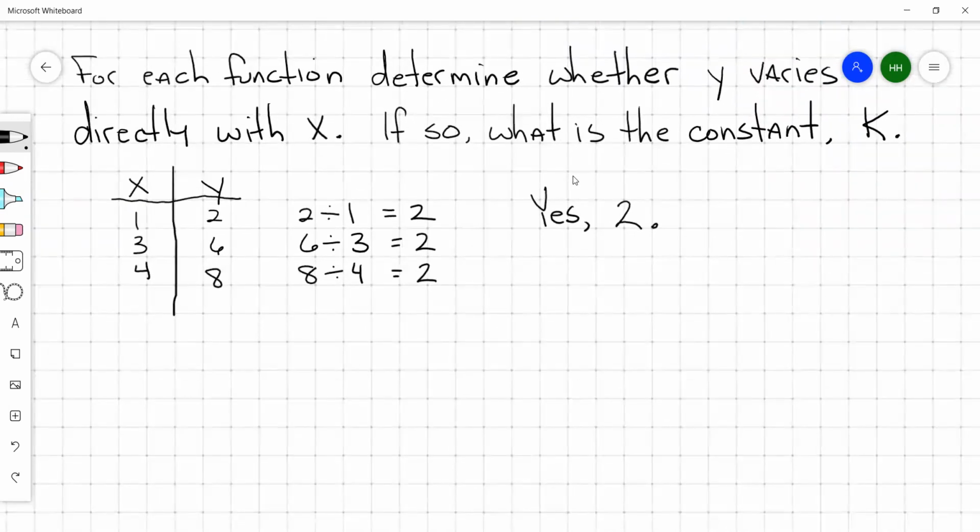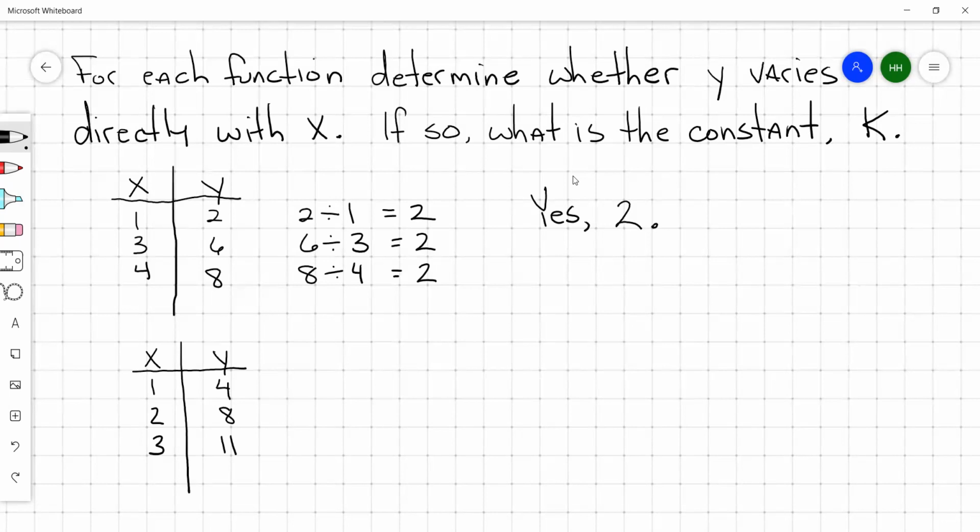Let's try it again. Let's take another XY table. Now we're given the x values 1, 2, 3, and y values 4, 8, 11. We're asked to determine whether y varies directly with x.